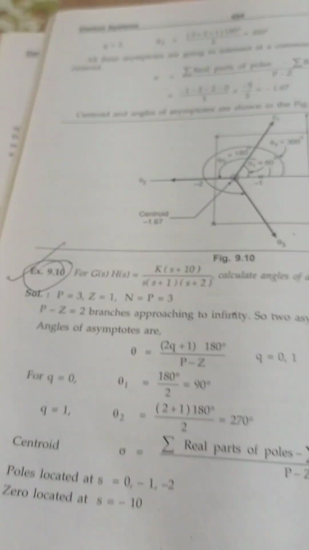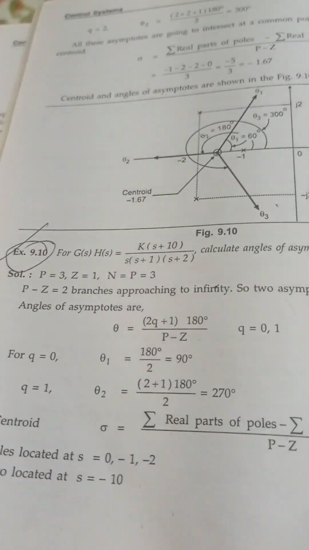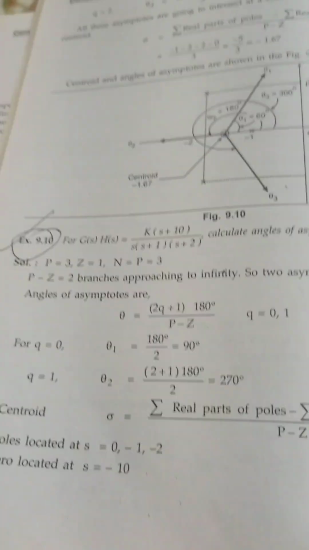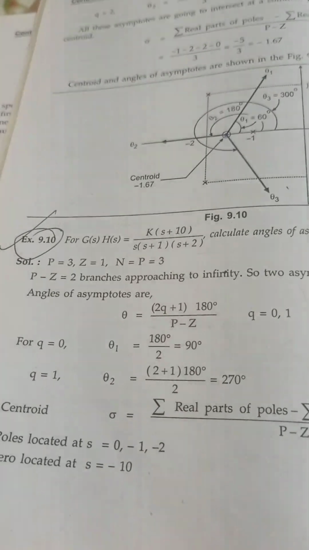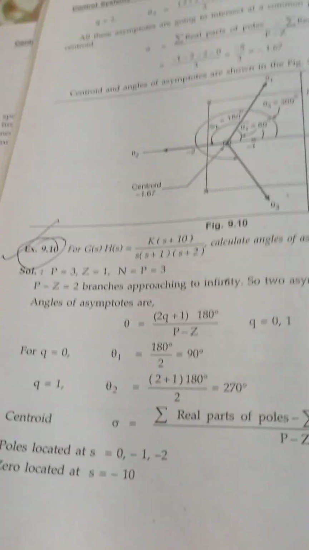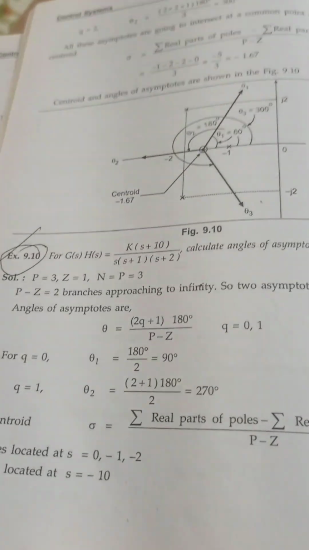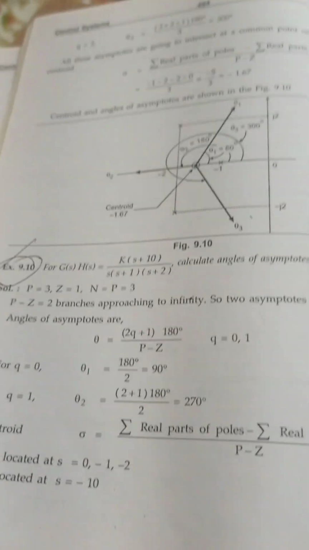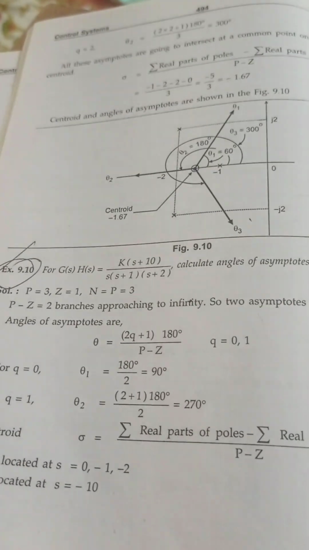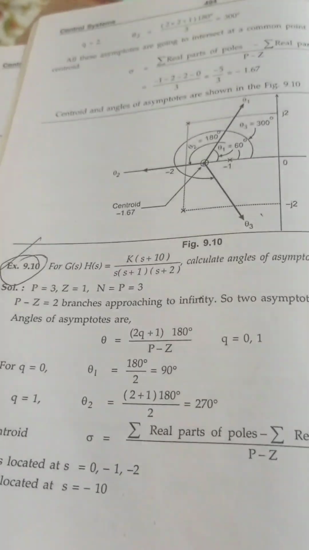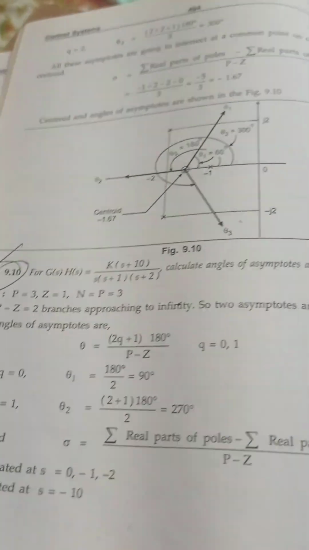First I will discuss one simple problem, so that we'll come to know how to solve problems related to root locus criteria to find out the stability of the system. For example, G(s)H(s) equals K times (s plus 10) divided by s times (s plus 1) times (s plus 2).